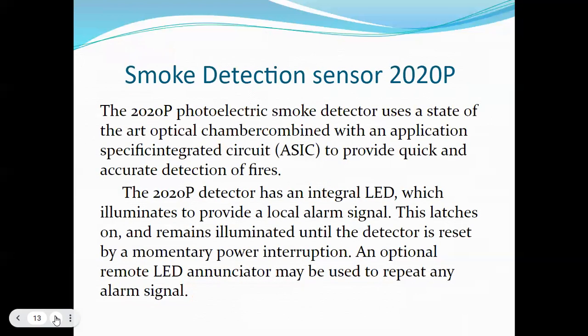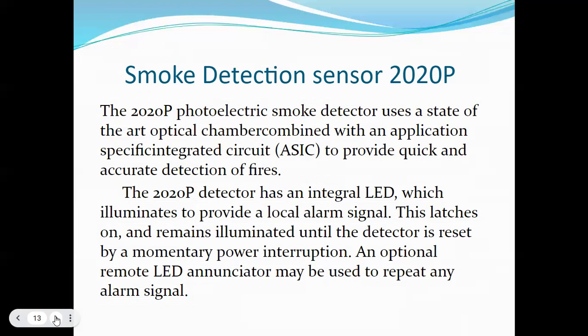The next sensor in my list is the smoke detection sensor 2020p. The 2020p photoelectric smoke detector sensor uses a state-of-the-art optical chamber combined with an application-specific integrated circuit (ASIC) to provide quick and accurate detection of fires and any kind of smoke in a specific area, in a specific room or building. The 2020p detector has an integrated LED which illuminates to provide a local alarm signal.